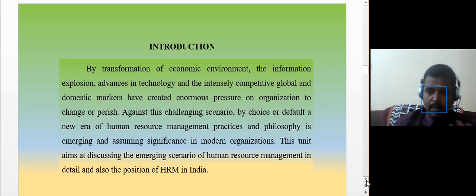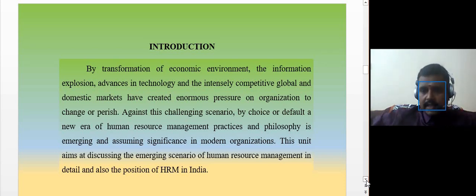So we know the importance of human resource management and its practices in an organization. Here, human resource management is the next kind of transformation from our economic environment, and human resource management only decides the global market, the local market, the domestic market and everything else.